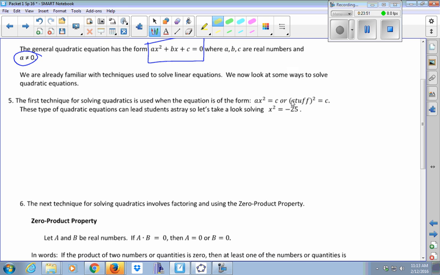So let's take a look at one of the first techniques that we know to solve quadratic equations. And this is a situation where our middle term b is a 0. So if I had something like this, ax squared plus bx plus c equals 0, and I said let b equal 0, then it would look something like this. Notice we drop our middle term, the linear term.